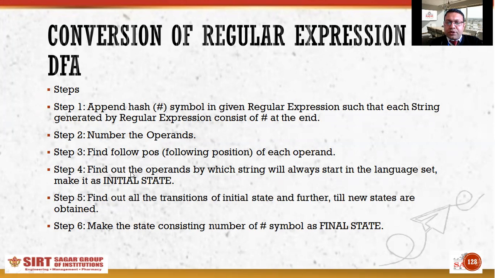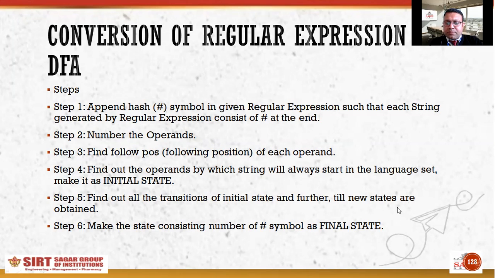In step 4, you have to find out the operands by which a string will always start in the language set, and make that our initial state of the resultant DFA. Now you have to find all the transitions for all input alphabets one by one, from the initial state, until no new states are obtained.